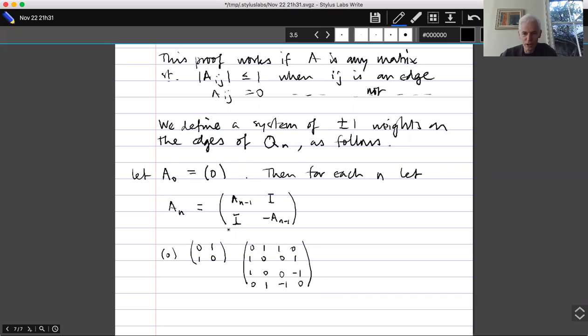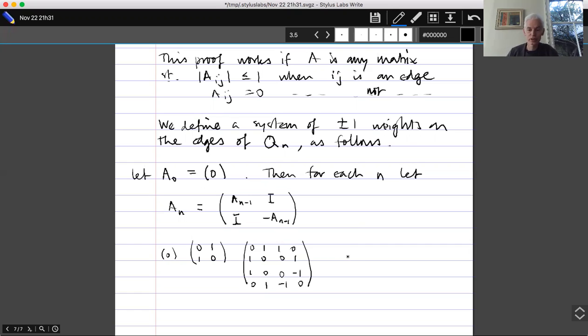Now I want to point something out about this matrix, which is if you look at any two rows of it, they are orthogonal to each other. So the first two are obviously orthogonal to each other because they're disjointly supported. But the first row is orthogonal to the last row and the second row orthogonal to the third row.